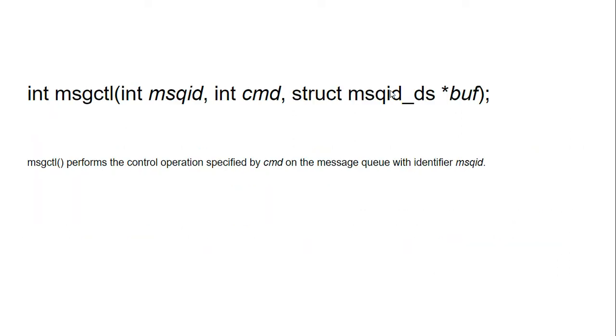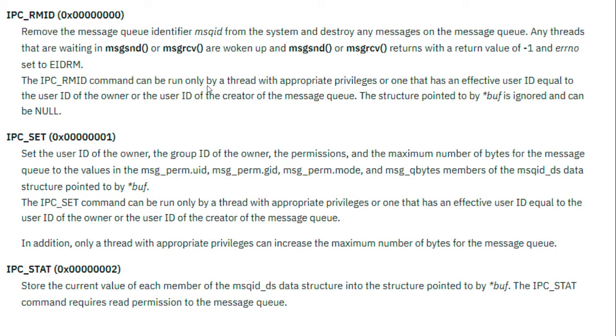So here is the structure. This msqid_ds structure is used in message control for various functions. The int cmd is where you pass what kind of command you want to use: whether you want to remove the message queue, set permissions of the message queue, or get the statistics of the message queue.